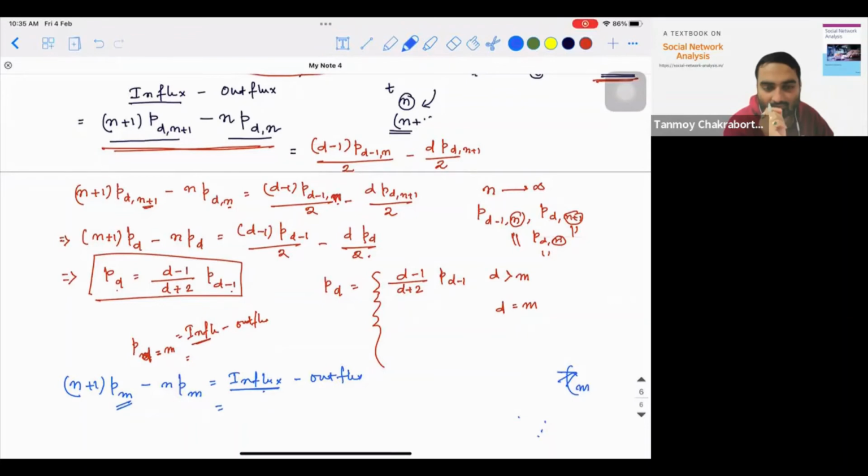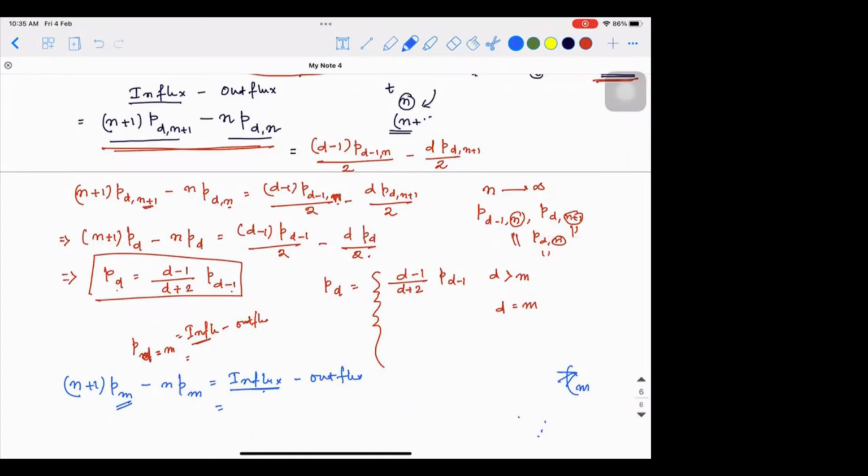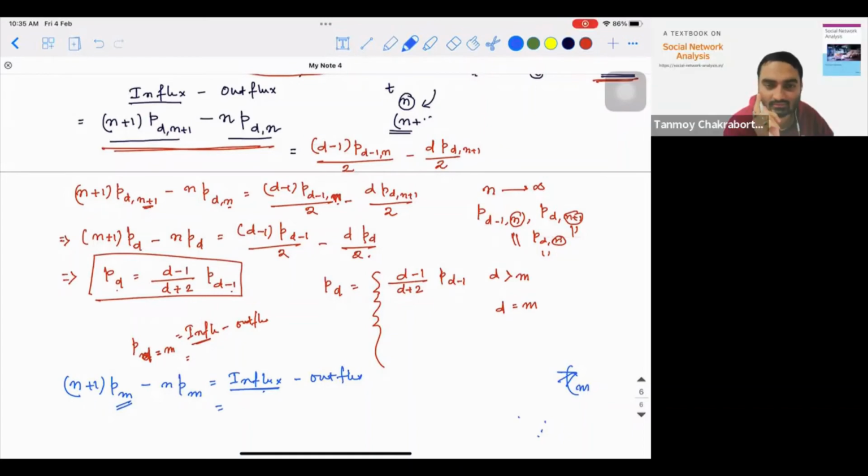How many nodes will have degree m when a particular node enters? Just a node that enters. Exactly, very good. So just the node which has entered, because for the other nodes, the degree is always at least m. Those nodes have already entered, their degree is at least m. This is undirected degree, right? So just the node which has entered has degree m. So influx would be 1. And outflux is something we need to calculate, right?